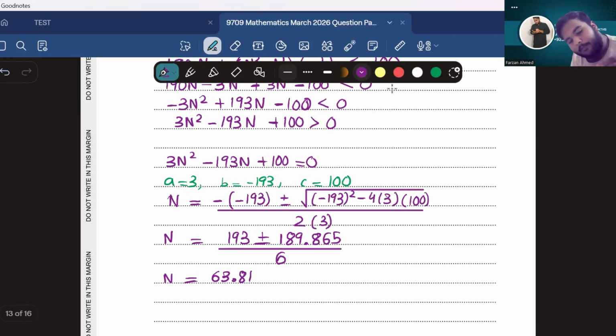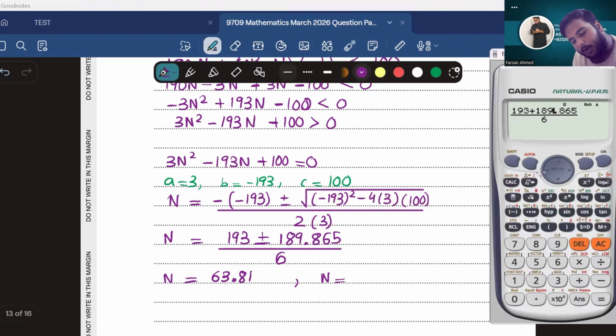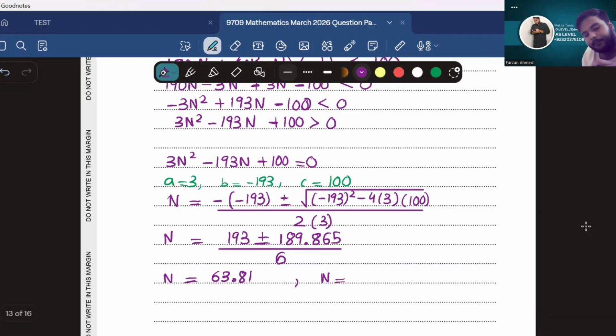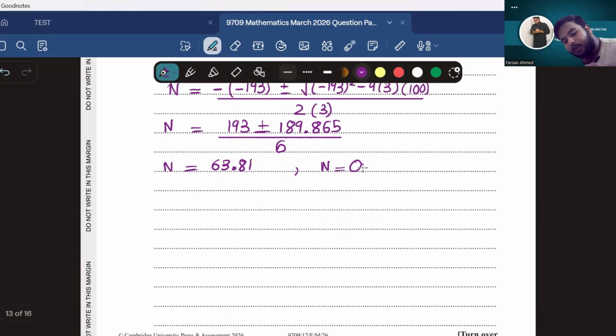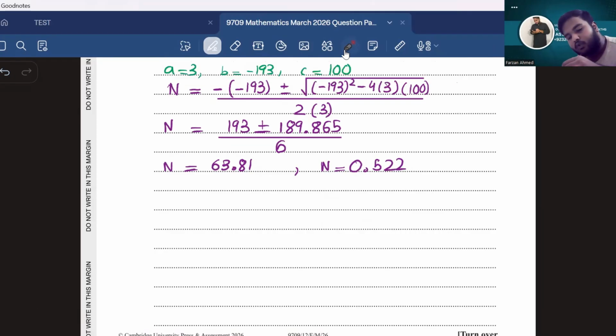And for the next value of n we put in a minus, so the value we got is 0.522.